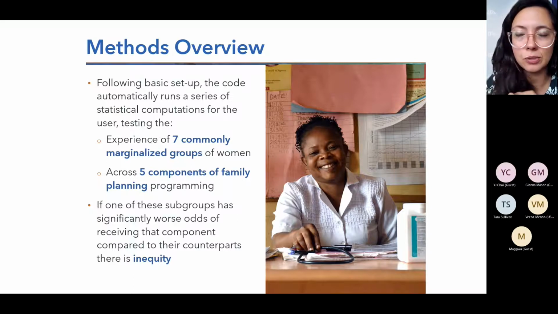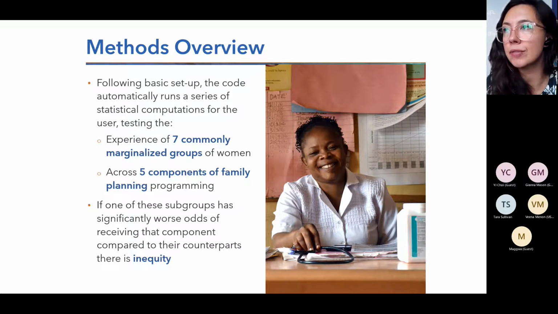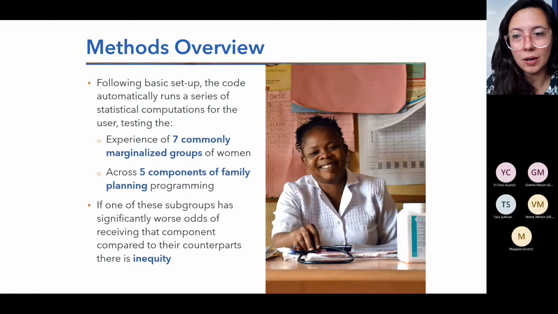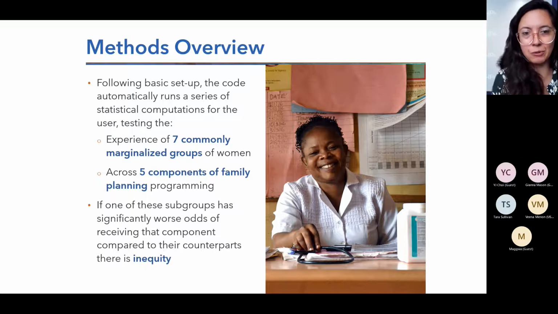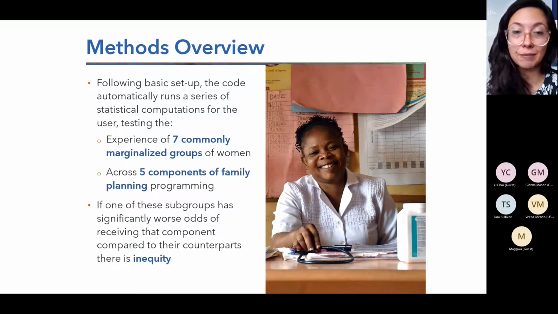We'll get into those in just a second, across 5 components of family planning that we selected through a fairly rigorous process of investigating DHS indicators and thinking through what is the most representative measure of a different type of family planning component. And so through these statistical computations, if one of these subgroups has a significantly worse odds of receiving that component compared to a counterpart, that by our definition is an inequity.